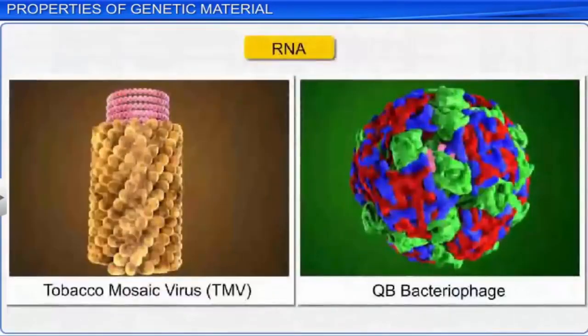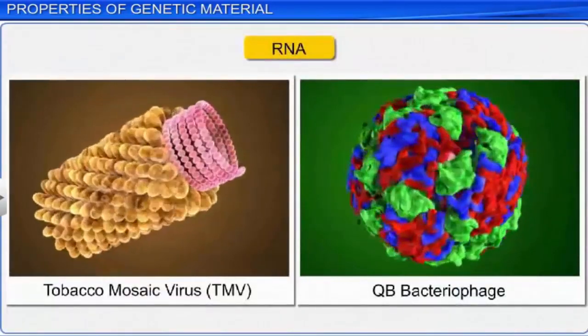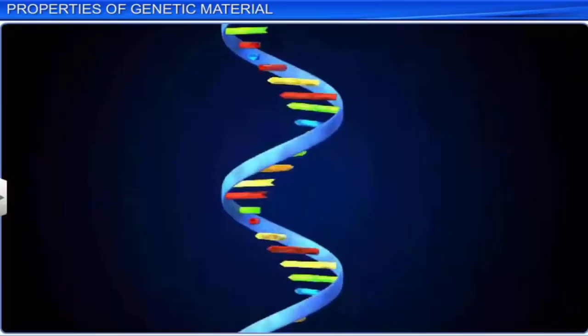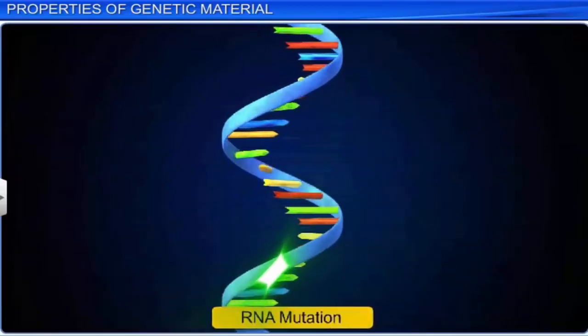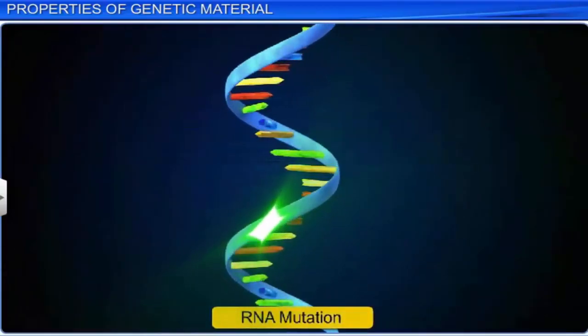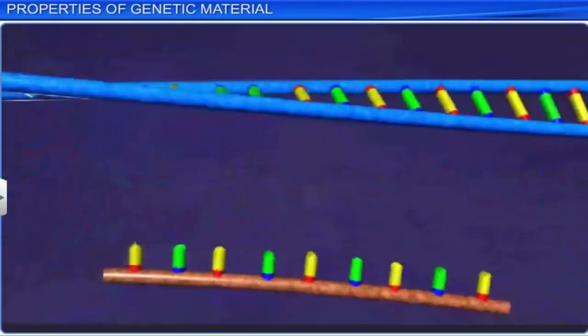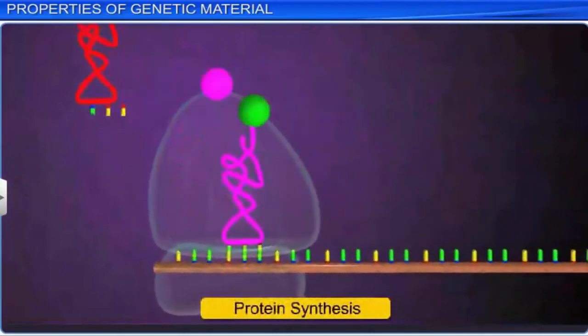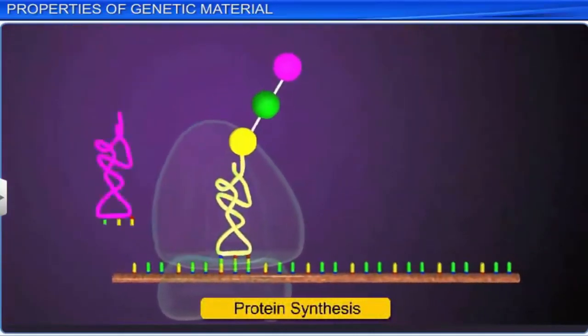However, viruses with RNA genome evolve faster by mutation due to the ability of RNA to mutate quickly on account of its relative instability. Nonetheless, RNA can directly code for protein synthesis and thereby easily express the characters.